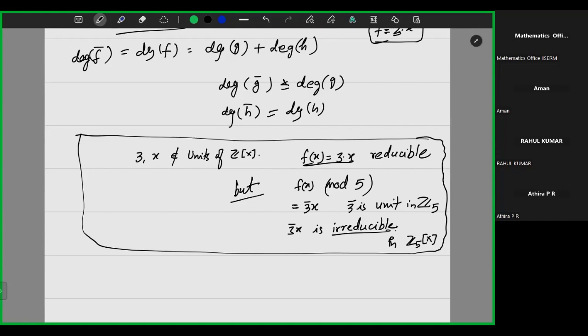Someone also asked the same question on some math website. I was looking into it. The test for reducibility. Wait a minute.